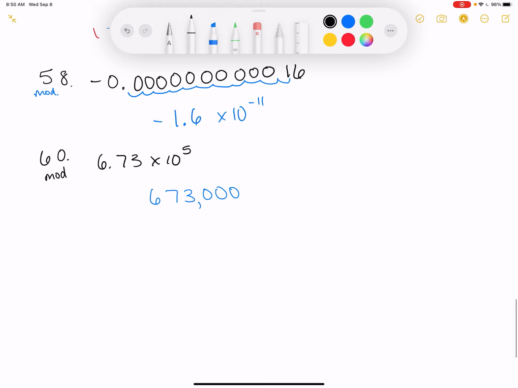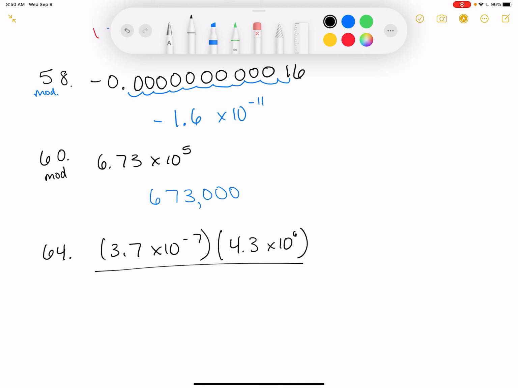And then the last thing that combines all of this together is 3.7 times 10 to the negative 7 times 4.3 times 10 to the 6 over 2.5 times 10 to the 7.